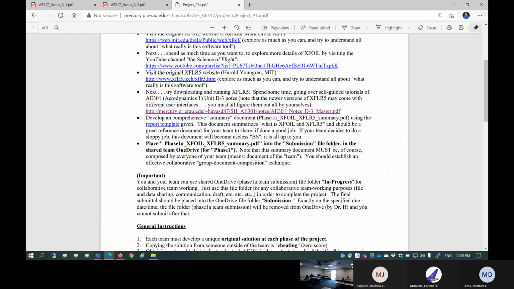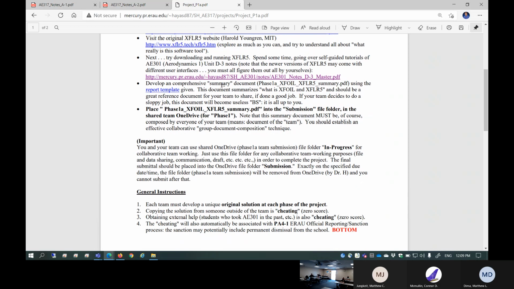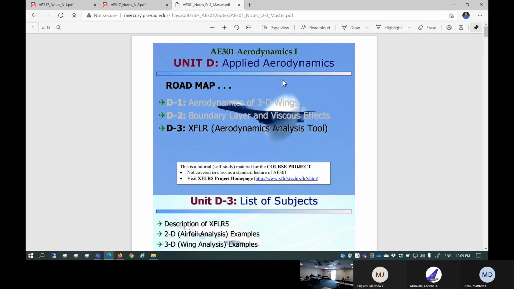And the next one is Xprior 5, again, home page, and also, yeah, this is the home page of that. And the next one is that you visit Aerodynamics 1, Unit D3 notes, Xprior 5, Aerodynamics Analysis Tool.